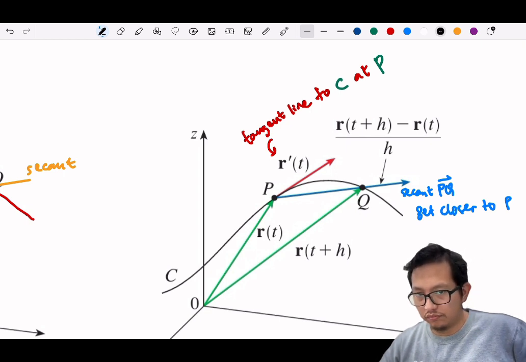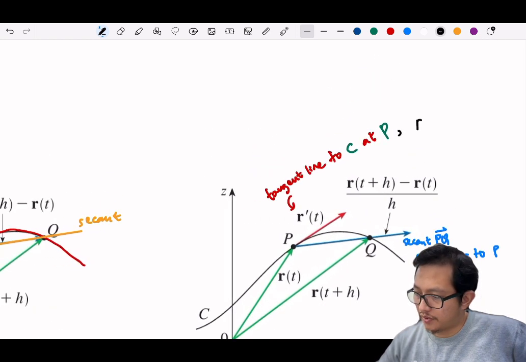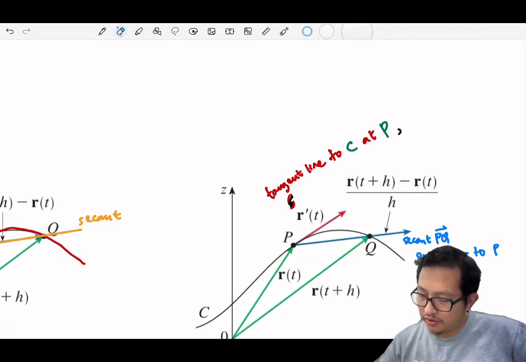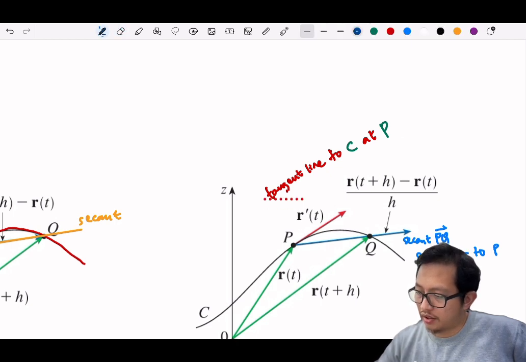Let me write it this way: the tangent line to C at P is parallel to the vector r prime.